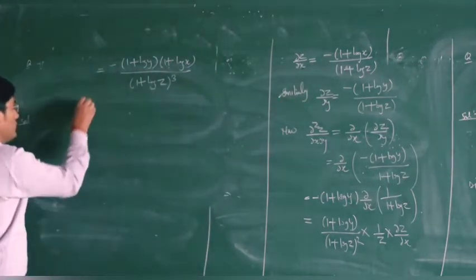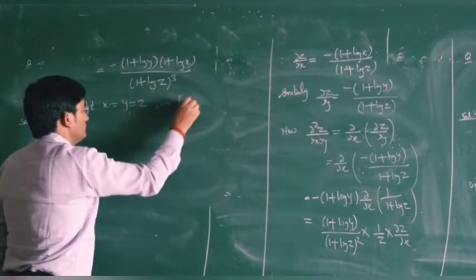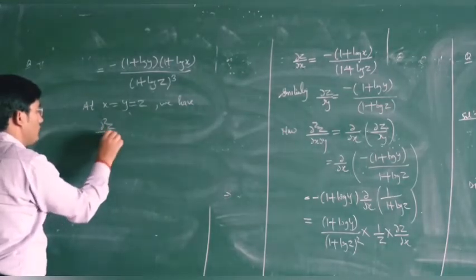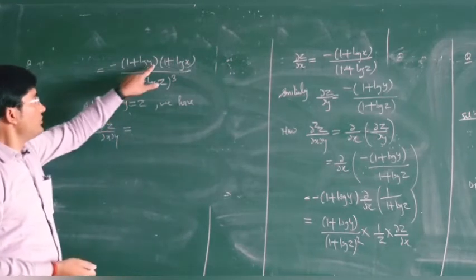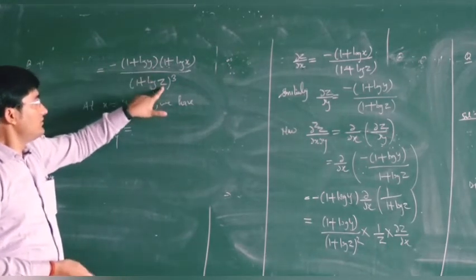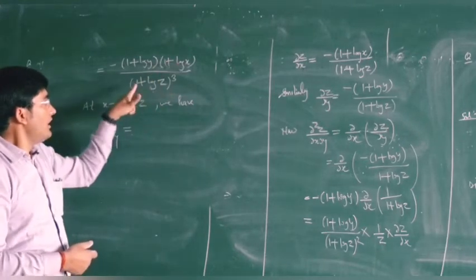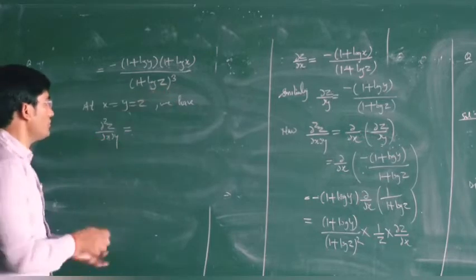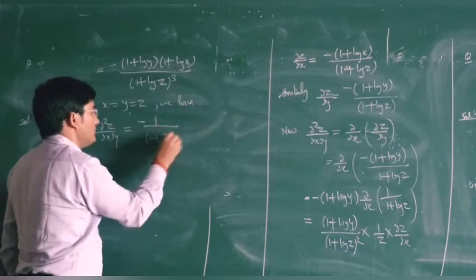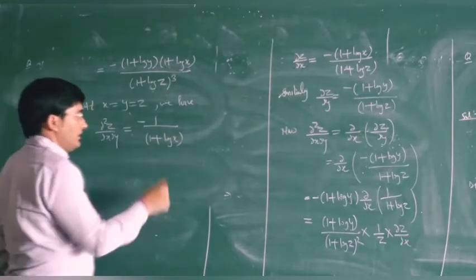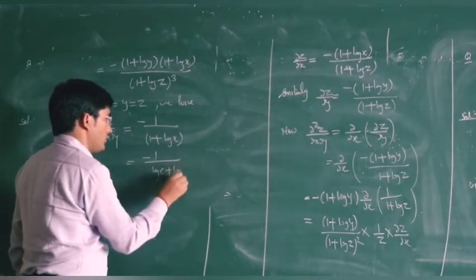Now at x equal to y equal to z, we have del 2 z upon del x into del y equal to, replace your y and z by x. So if you replace y by x and z again by x, then you can see that this 1 plus log x into 1 plus log x, and here we will have 1 plus log x whole cube. So 1 plus log x whole square will get cancelled, so we will have 1 plus log x here, and now as 1 can be written as log e, so we have log e plus log x.